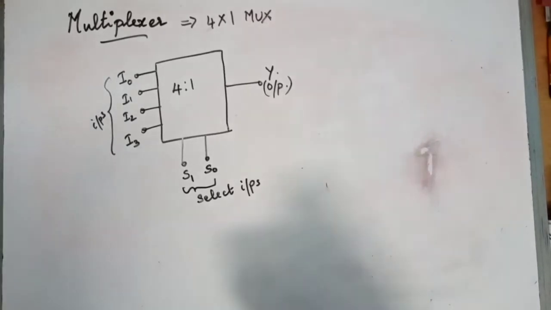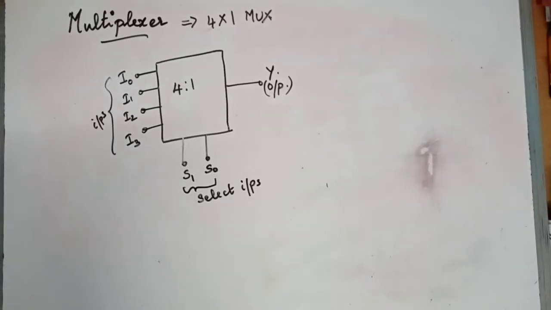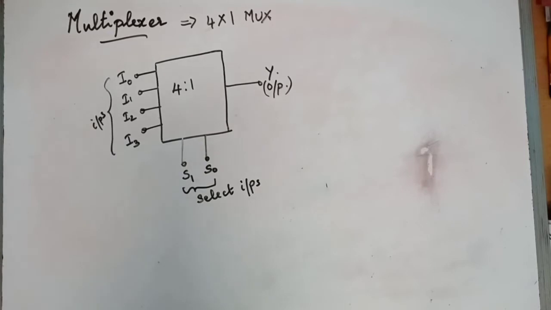So this is the basic block diagram of a multiplexer. So we need to construct a 4 by 1 mux using logic gates. Okay. So just to explain what is happening in a mux, let's assume that these are your inputs.